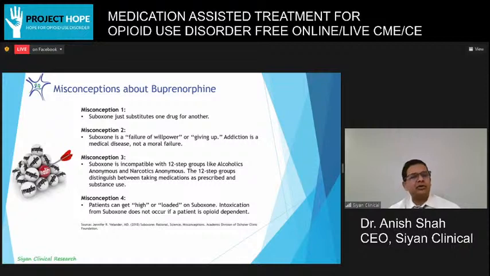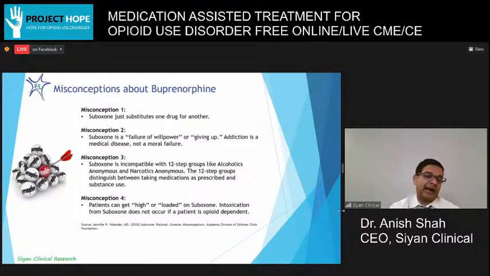It usually does not occur if you're using the right dose, along with proper monitoring and so forth. Like I explained, Suboxone has a ceiling effect, so its euphoric effect is limited. So it's very rare to see patients feeling loaded or high on Suboxone.